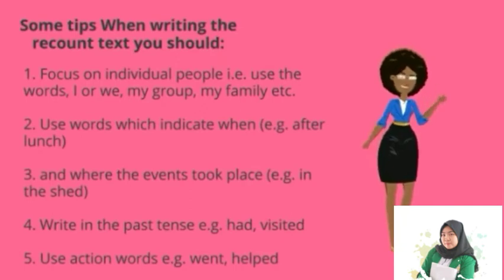The second, use words which indicate when, for example, after lunch, in the morning, last year, and so on. The third, say where the event took place, for example, in the shed, in Yogyakarta, in Bandung, at school, and so on.